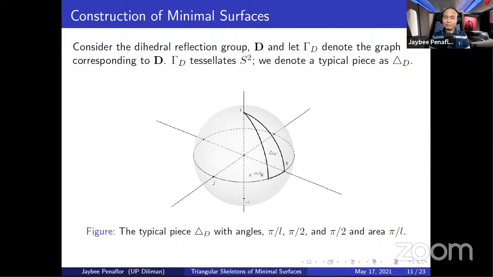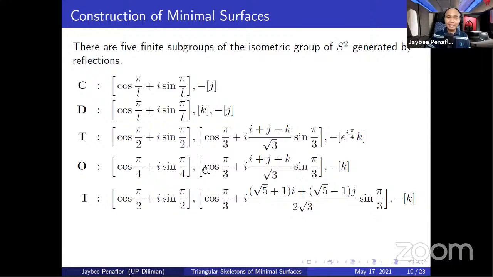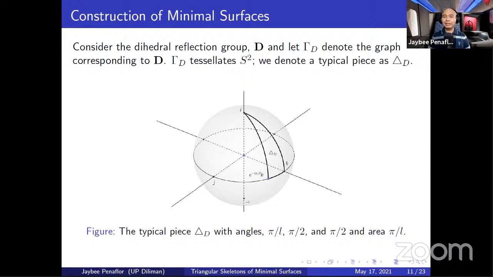The others, you'll have a little bit more challenge looking at the reflection groups of T, O, and I. And D is relatively easy, and it's also easy to draw. Let's look at the typical piece, triangle D. This is how the typical piece looks.